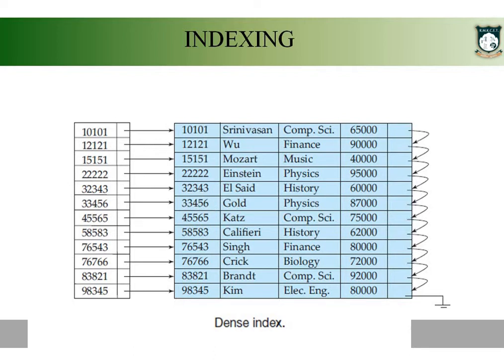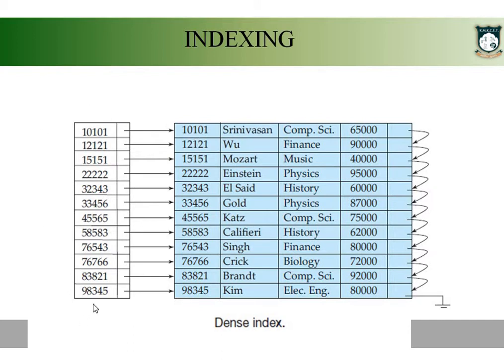Now in indexing, specifically ordered indexing, there are 2 types of index. One is referred to as dense index and the other is referred to as sparse index. A dense index means you will have an index record for all the key values in your table.